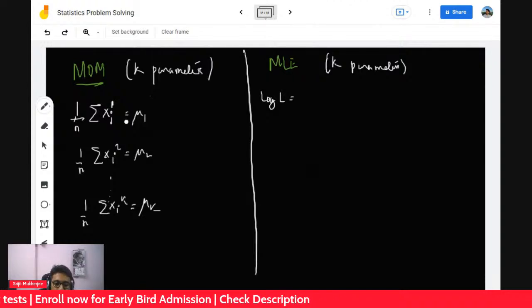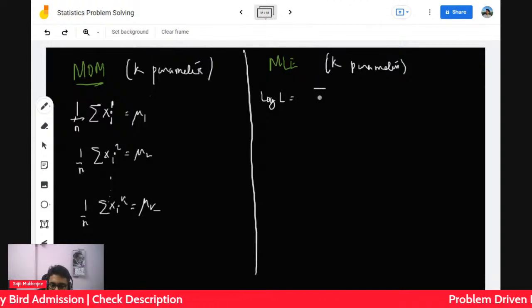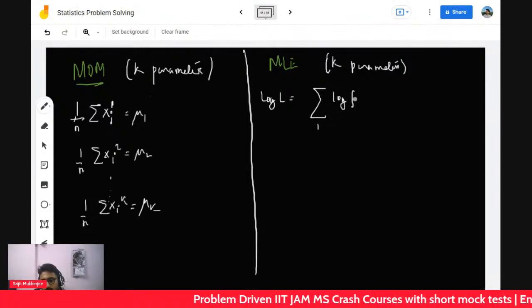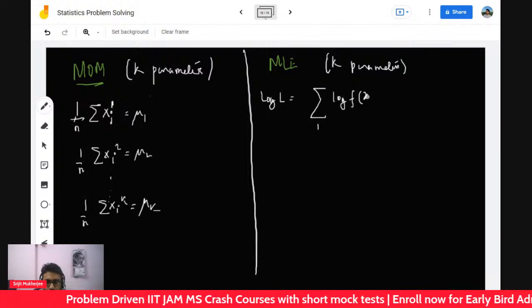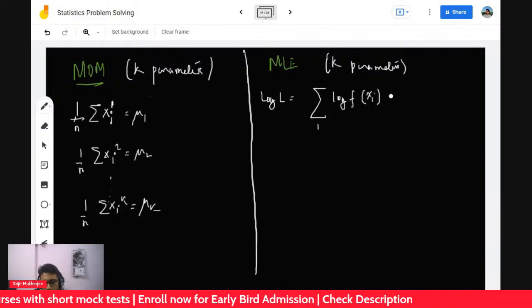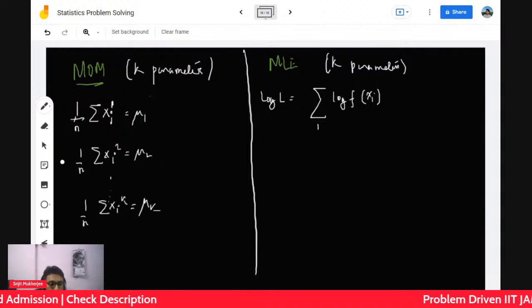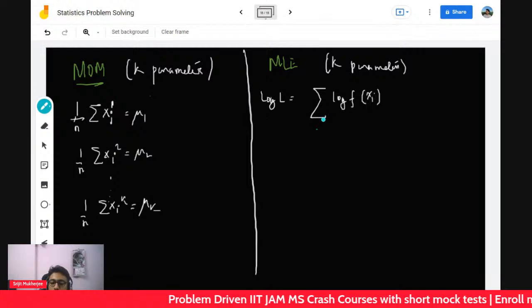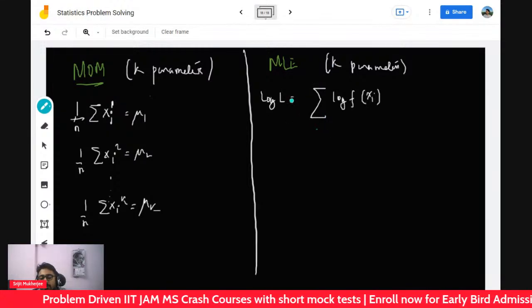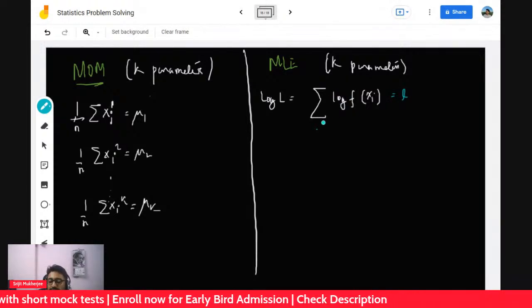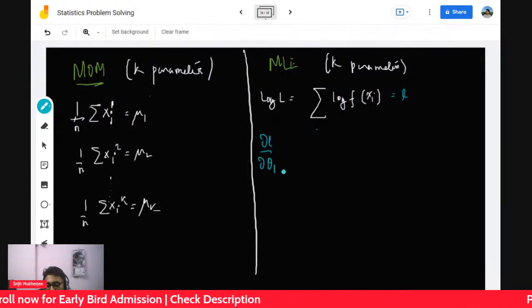Observe that it's nothing but the summation of log of f of xi, right? This is the log likelihood. What we do now? We optimize it. How? We do k derivatives, since there are k parameters. Let's call it small l. So we do del l del theta 1, and so on, k derivatives.